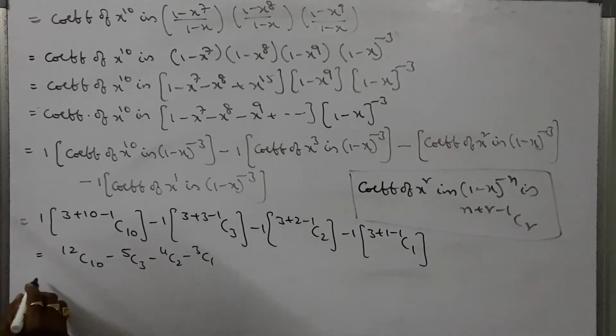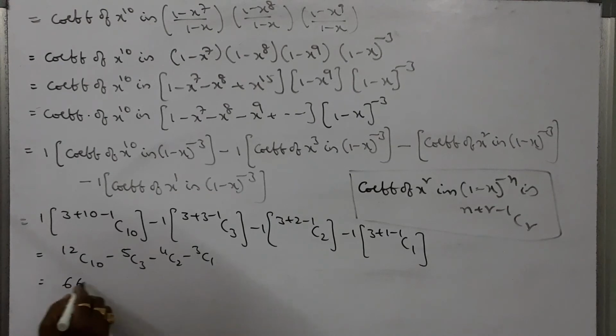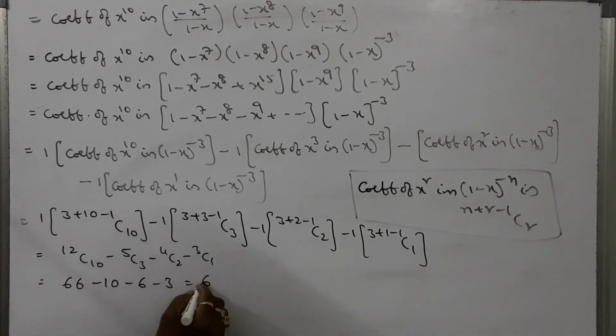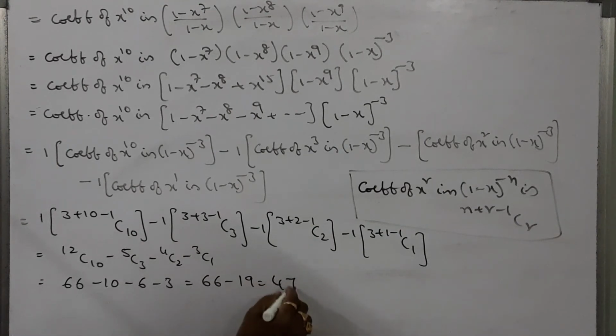Now this is equal to 12C10, which is the same as 12C2, that is 66, minus 10 minus 6 minus 3. So nothing but 66 minus 19, which is 47 ways we are going to get.